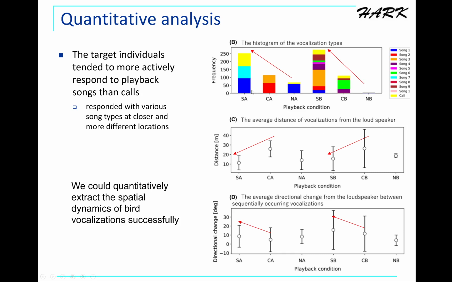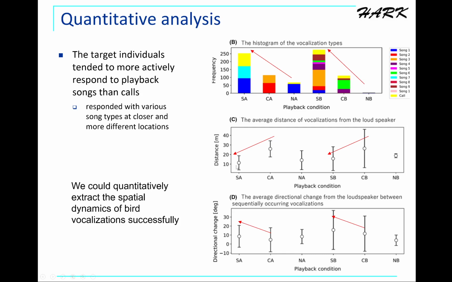So clearly, when we play the songs, the individual tended to respond more frequently, and this color corresponds to the song type, so they tended to respond with various song types.